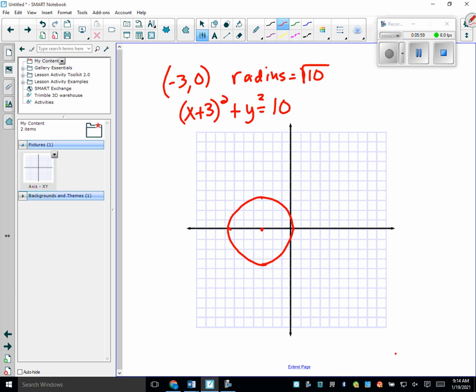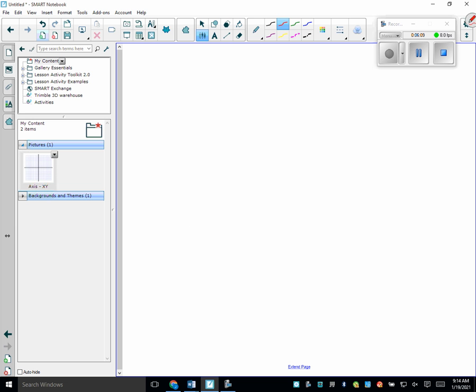Last thing. What if I tell you the end points of the diameter? The end points of the diameter. You know what a diameter is? Okay.